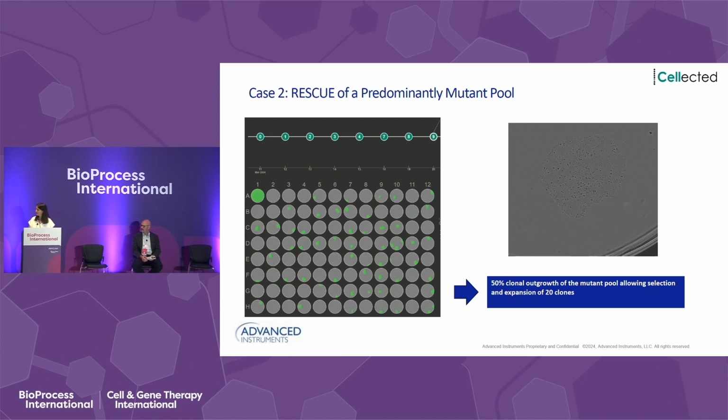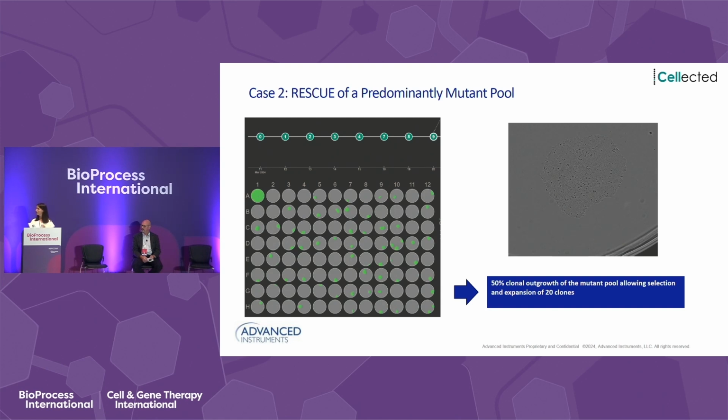So they followed a very similar outgrowth to the previous case study, and with this they looked at a range of different plates, and you can see on the left-hand side image that they achieved around 50% clonal outgrowth from a representative plate. Again, they confirmed clonality of those cells.